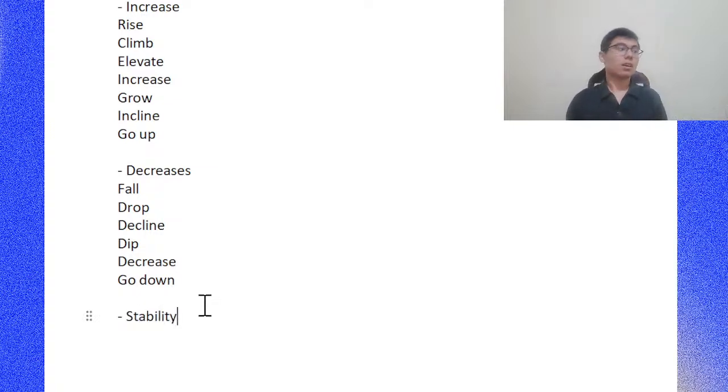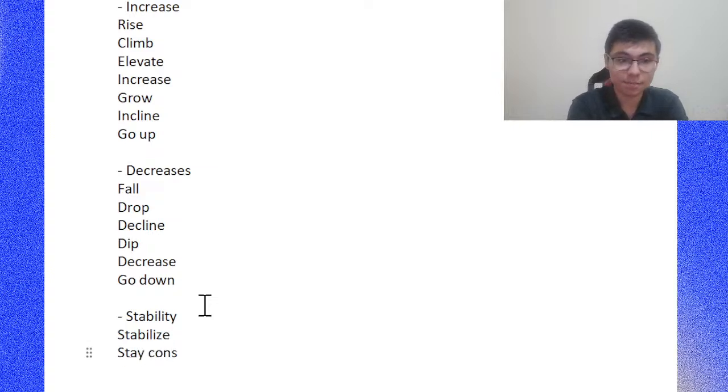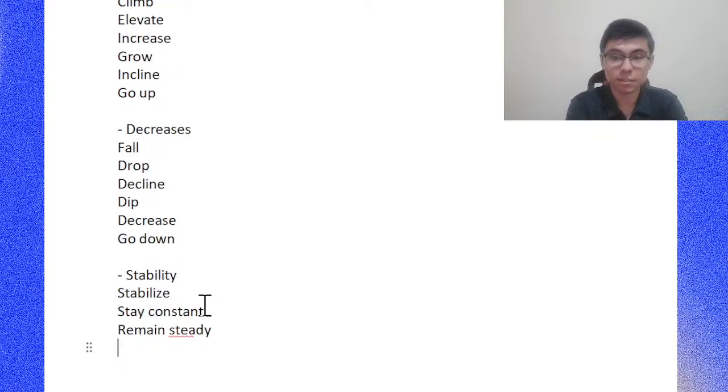There's also another type of changes in IELTS Writing Task 1 Academic, which is stability. Stability is a situation when there are not huge changes in the graph, it's gonna stay the same. There are a couple of phrases that you can use. For example, you can use stabilize, stay constant, remain steady, and remain stable.